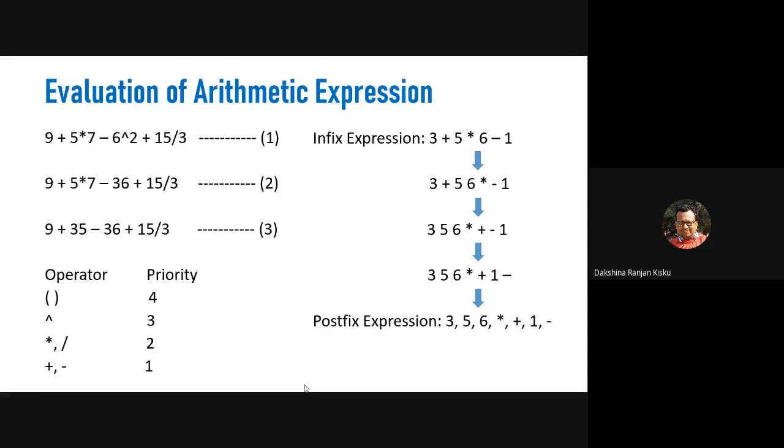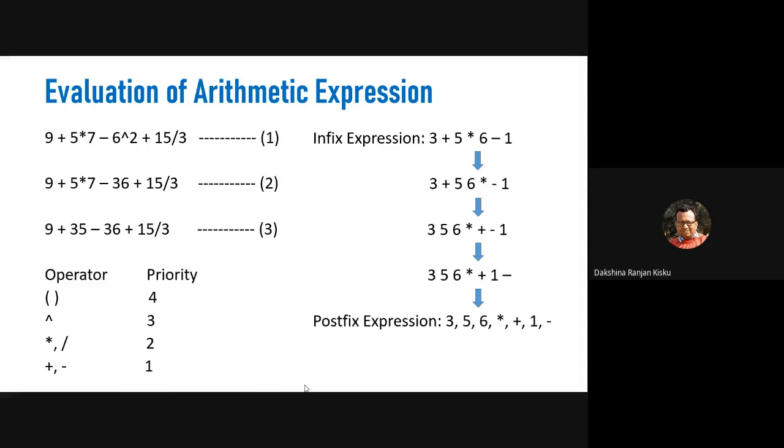Okay, so this is the arithmetic expression. In this expression, first the exponentiation operation will be executed. That means we will execute 6 exponentiation 2, that is 6 to the power 2. So first this exponentiation operation will be executed. After executing this operation, we will get 36.